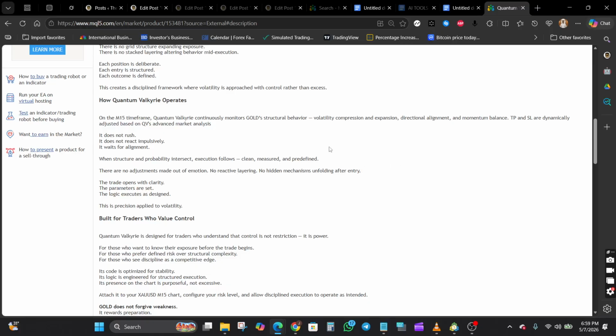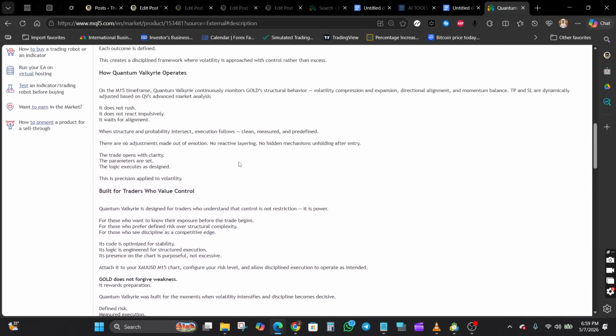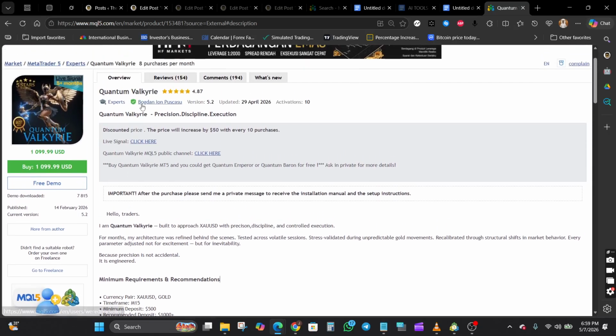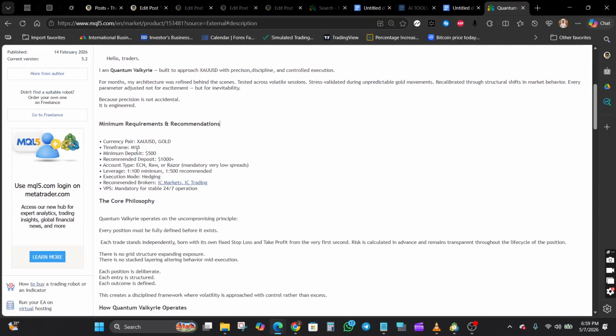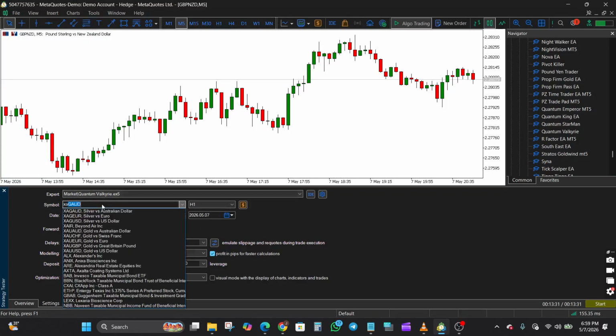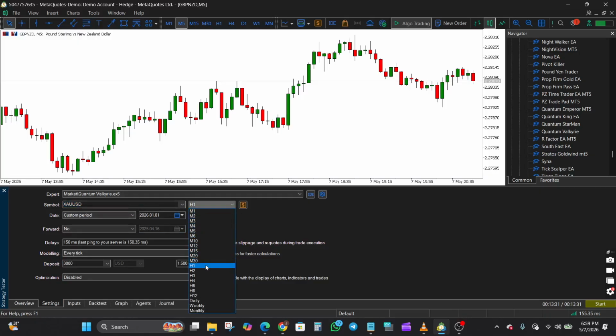Now we are just going to be moving into the backtesting phase. We are going to be testing the Quantum Valkyrie EA on the recommended pair, XAUUSD, and the recommended time frame, M15.